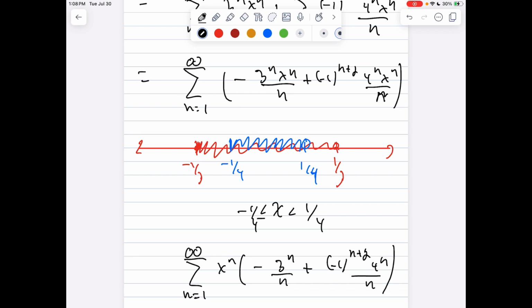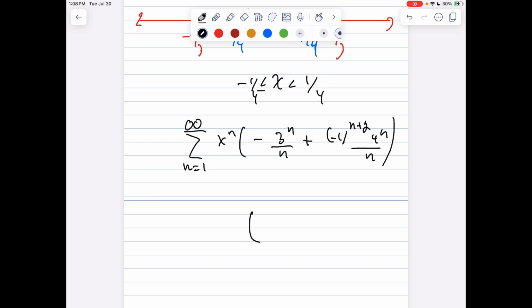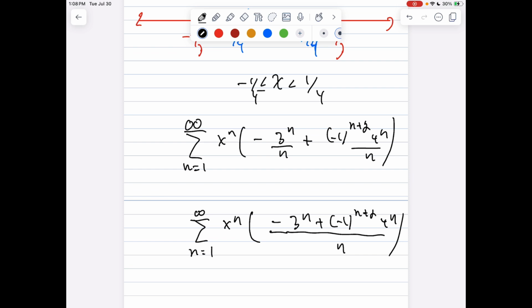And last but not least, you can write this as minus 3 to the n plus negative 1 to the n plus 2, 4 to the n over n, x to the n, n equals 1. And again, we can certainly do that because we have a known radius of convergence, an interval of convergence, excuse me.